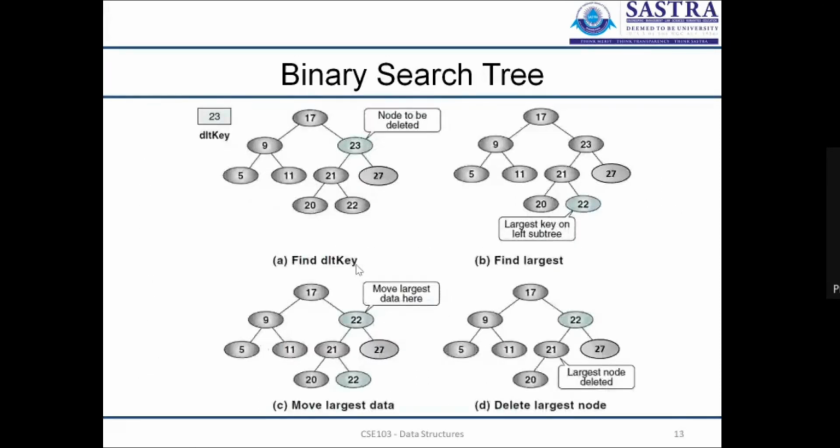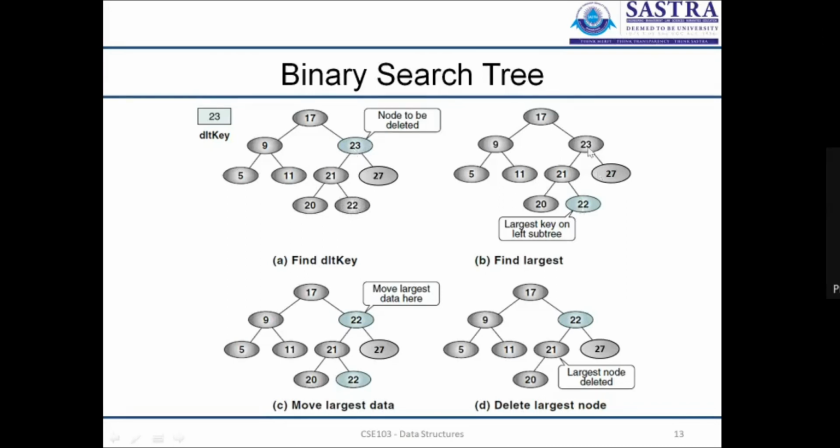See here, suppose 23 is the node we need to delete. In its left subtree are 21, 20, 22. From the left subtree, we need to find the largest value. In the left subtree, what is the largest value? 22 is the largest value. Copy the 22 to this place, then delete 22.